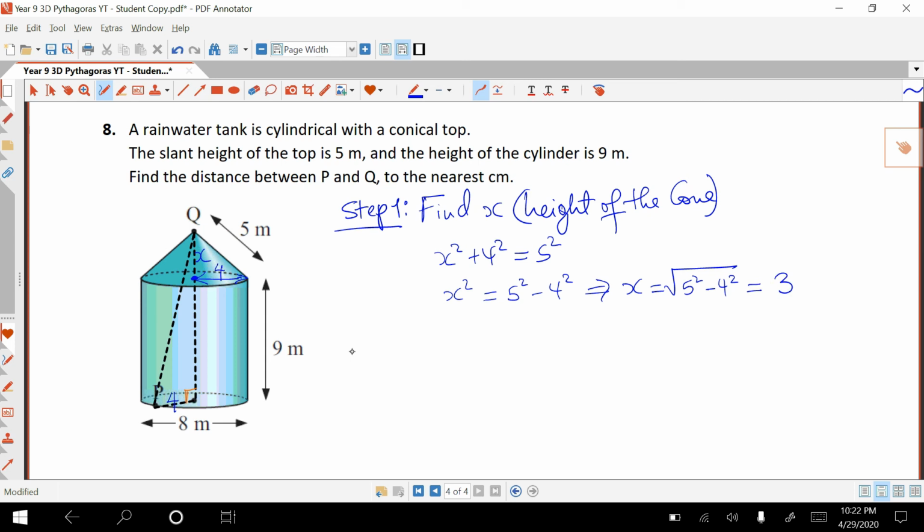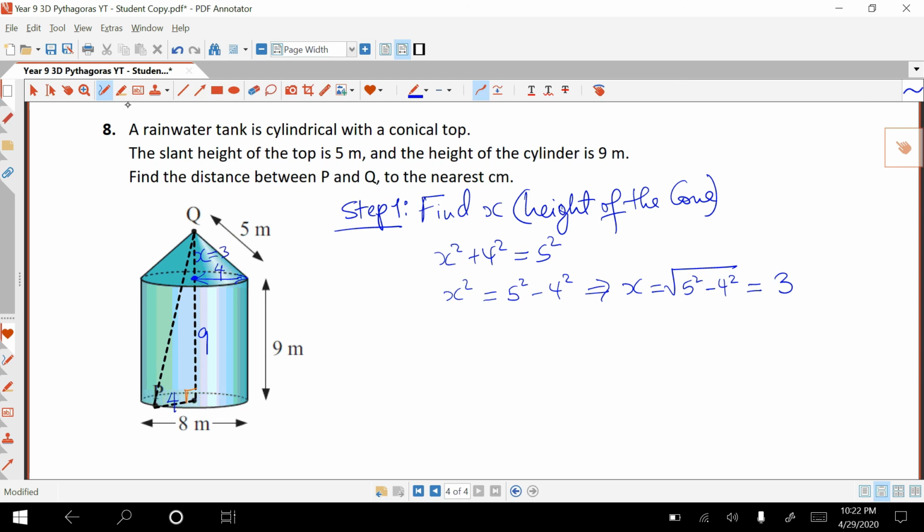So that's step 1. And then step 2, if this distance here is 3, and by the way, the distance from here all the way to here is 9. Let me just write that here, that's 9. That means that the entire height of this water tank from the bottom all the way to the top will be 12.